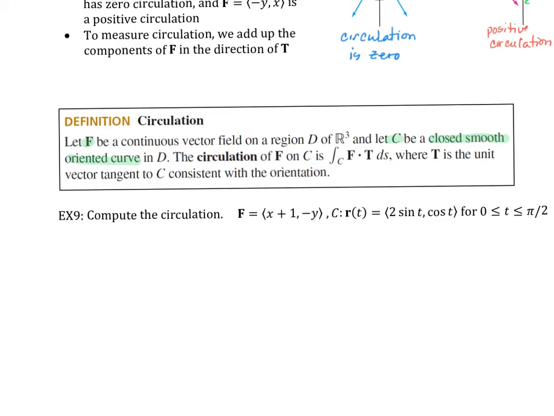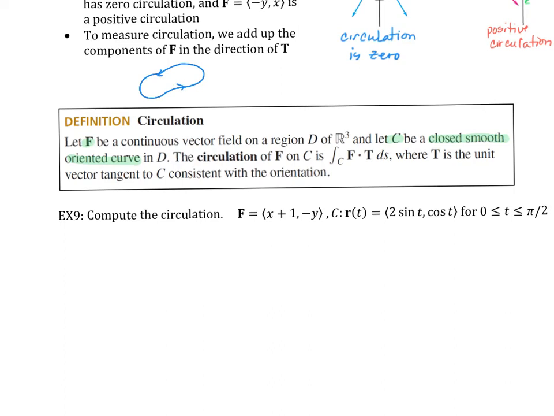When we talk about circulation, it only makes sense if the curve is closed, because we're talking about how things are moving around. So when we talk about a closed curve, it could be any kind of curve that is nice and smooth and has some sort of orientation.